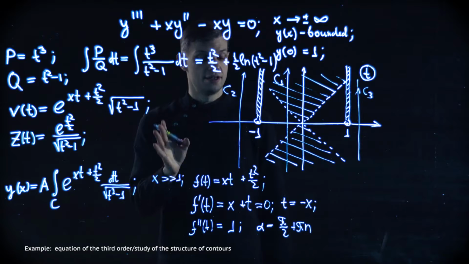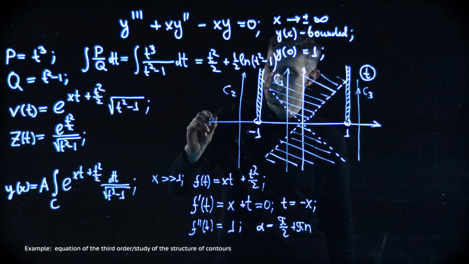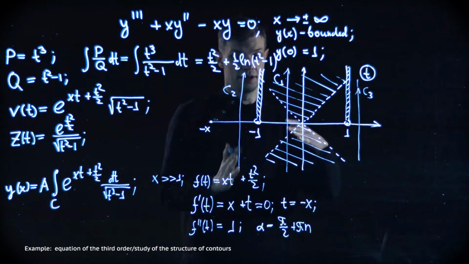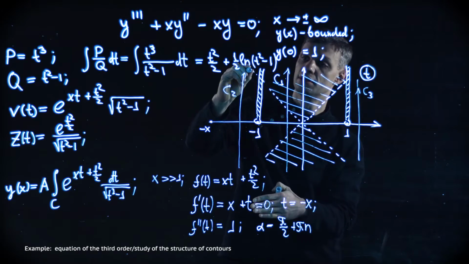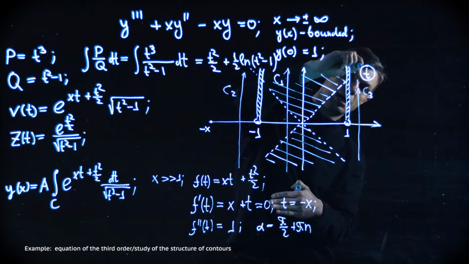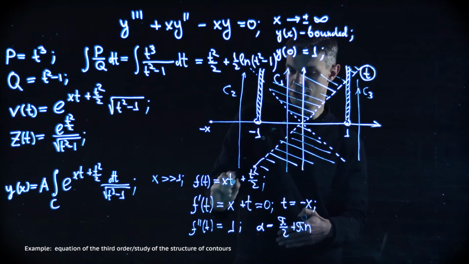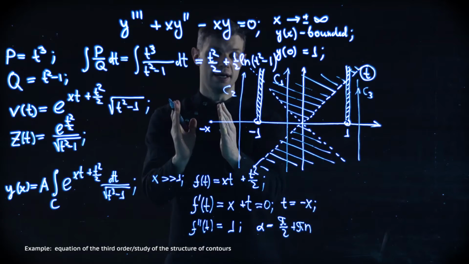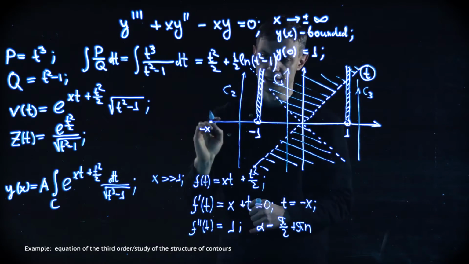Suppose x first is positive. Then our saddle is situated somewhere here. Our contours, the most crucial part is that they should start at these shaded regions. So we can move them freely in the complex plane as long as it starts here and ends there in the upper complex plane.